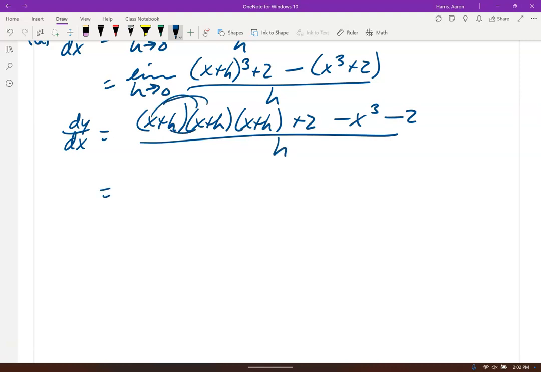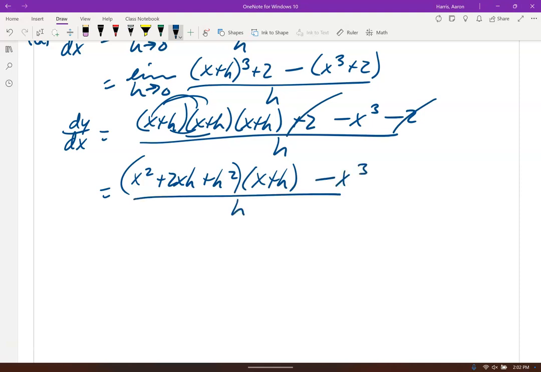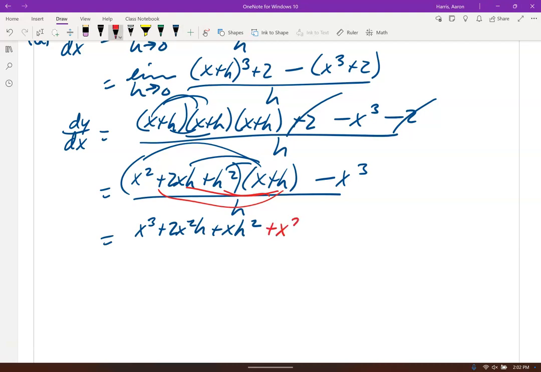Let me do the first two here. I got x squared plus 2xh plus h squared. Notice the 2 minus 2 is gone. Now let me take the x through to each of those, and then I'll take the h through to each of those. So I have x cubed plus 2x squared h plus xh squared. Then I'm going to take the h through: plus x squared h plus 2xh squared plus h cubed.